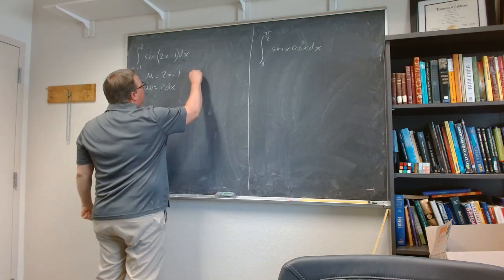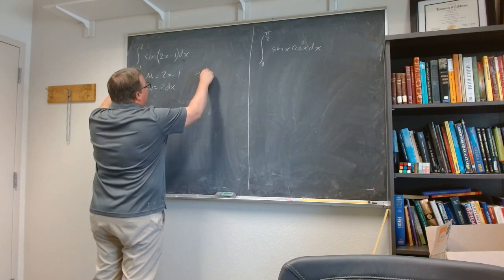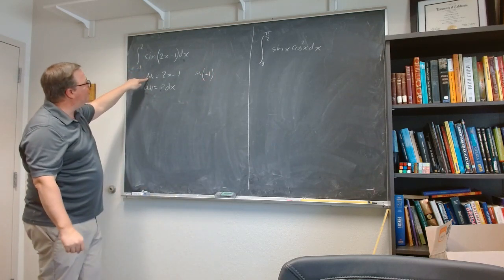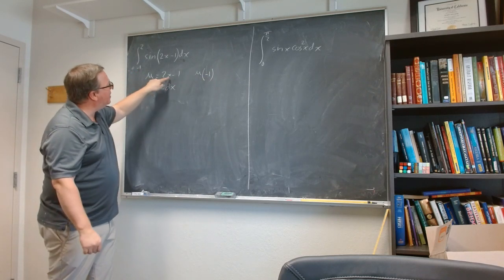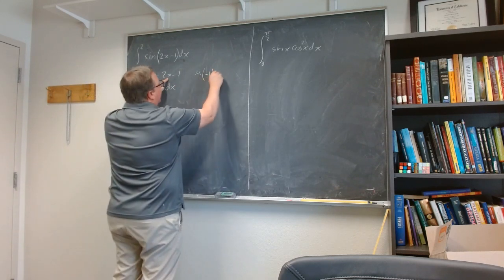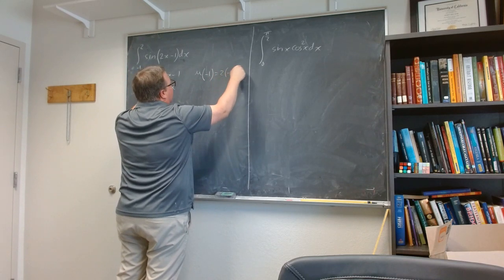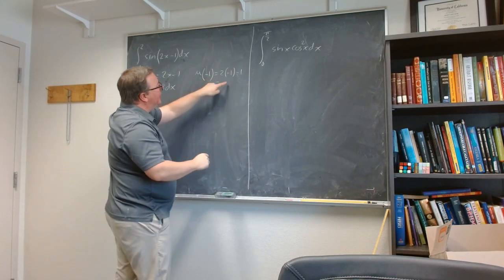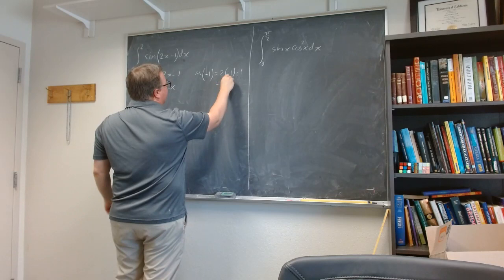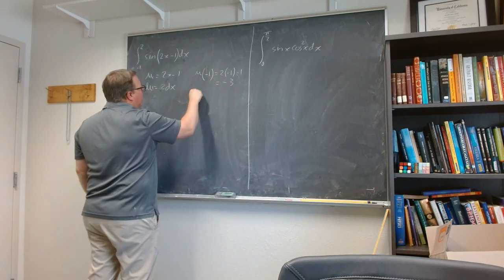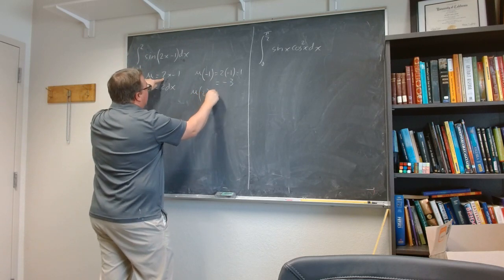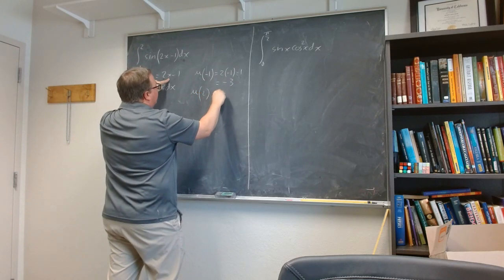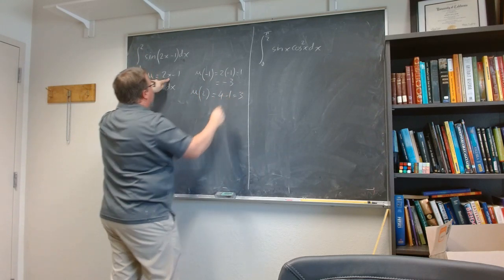We're going to compute u of the lower bound, because this is a value of x, and we can view u as a function of x. When I plug in -1 into the x here, I get 2 times -1 minus 1. 2 times -1 is -2, minus 1 is -3. And similarly, we plug in 2 into this function, u of 2, and we get 2 times 2 is 4, minus 1 is 3.